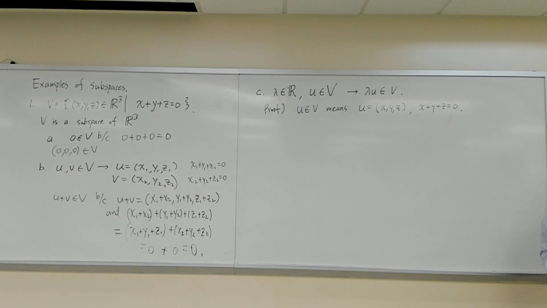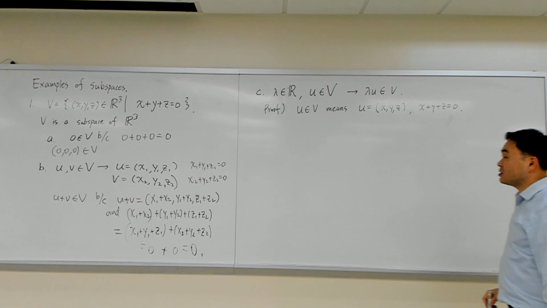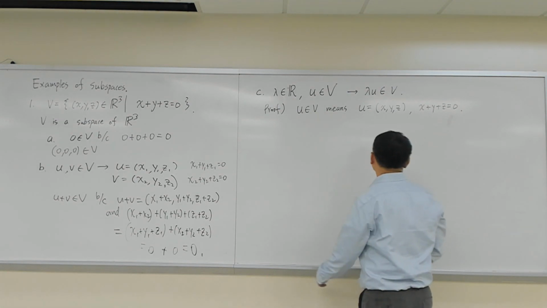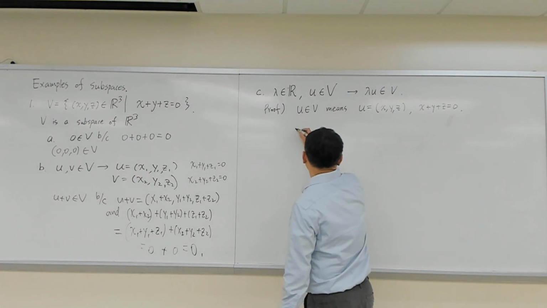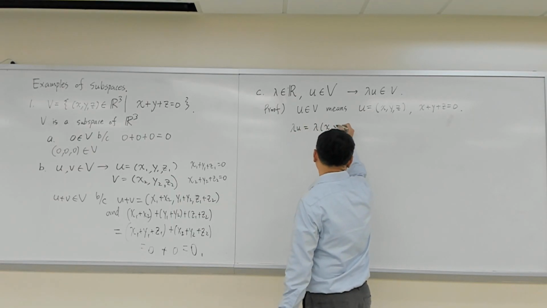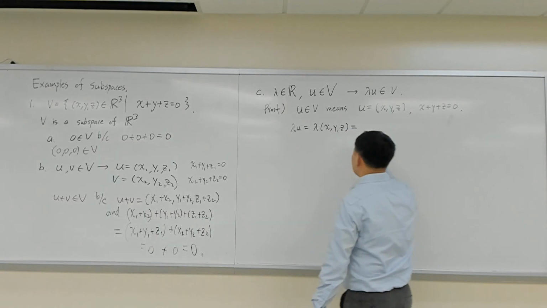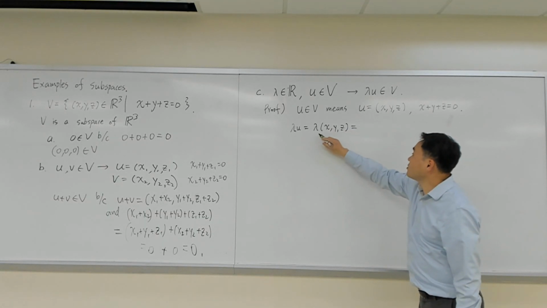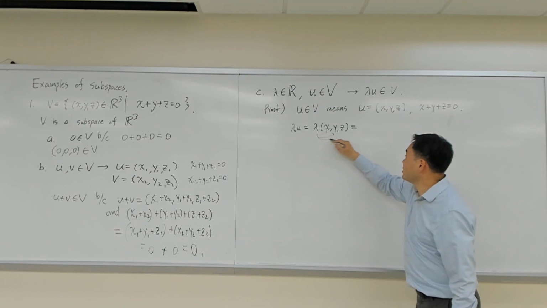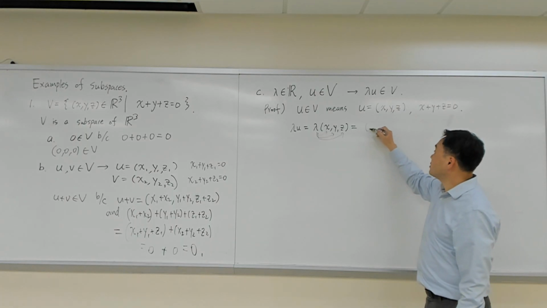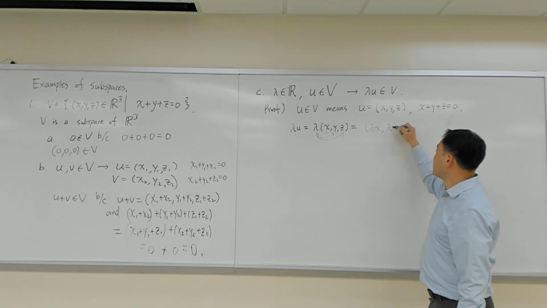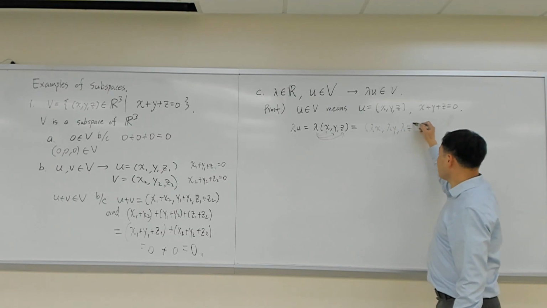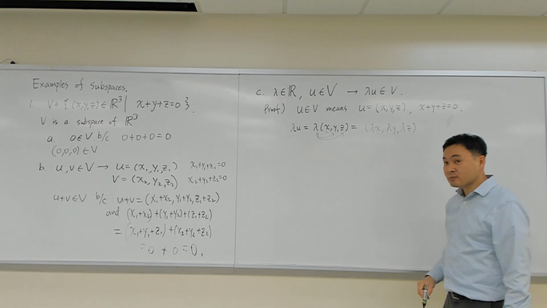X, Y, and Z are three numbers that add to 0, because that's the condition for V, right? Now, lambda U, what's that? That's lambda times X, Y, Z. And scalar multiplication in Rn is you just multiply each component, so this is lambda X, lambda Y, lambda Z. That's what it means.